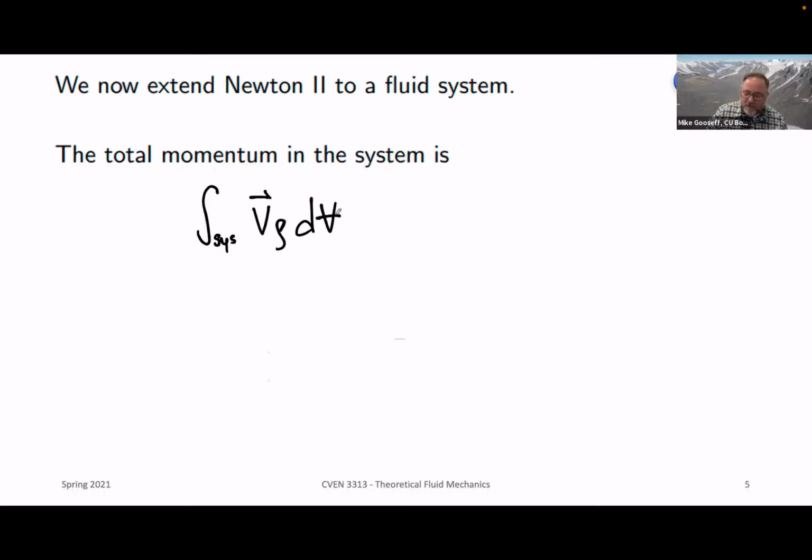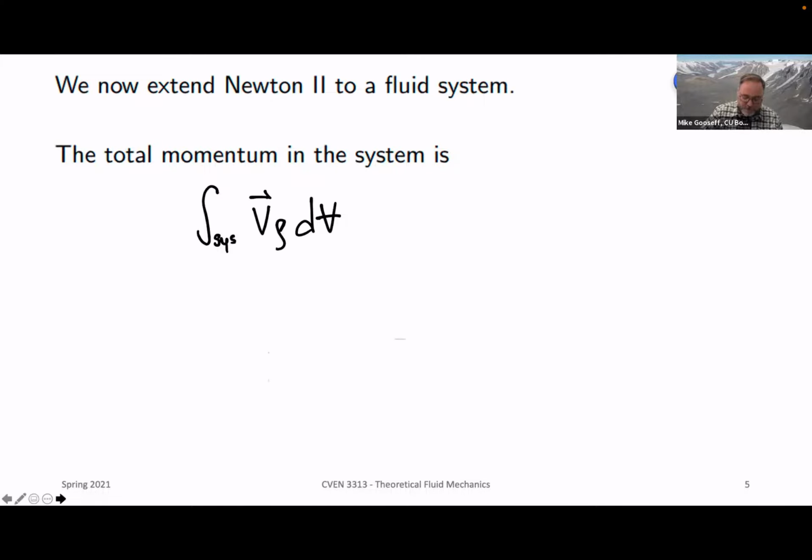Now remember that I have two different V's here, and they mean two different things. The capital V with the vector arrow on top of it is a velocity vector. The V in the dV component at the end, with the dash through it, is the volume. So this is the integral over the system volume of V, the velocity, times rho, the density.